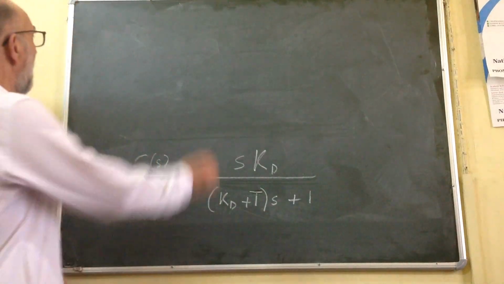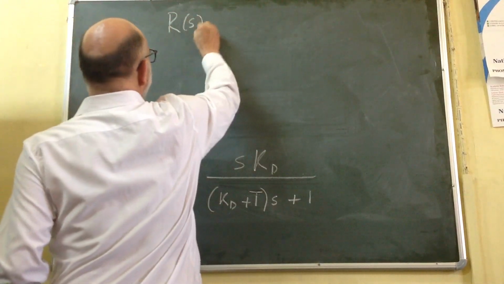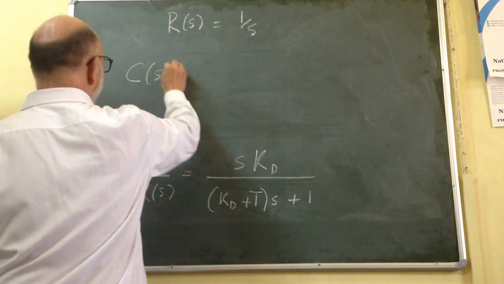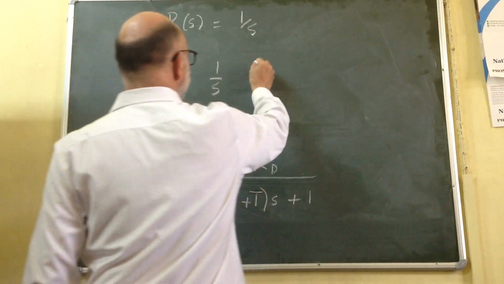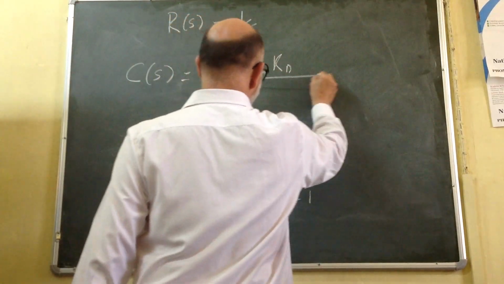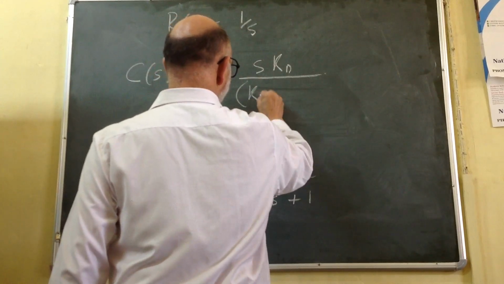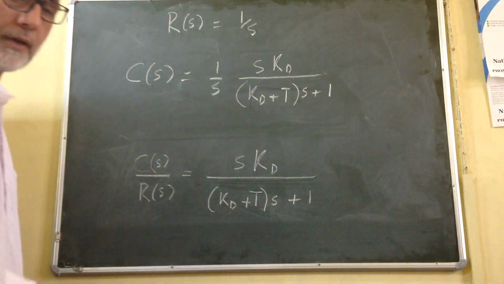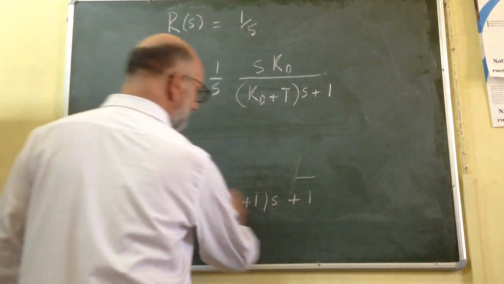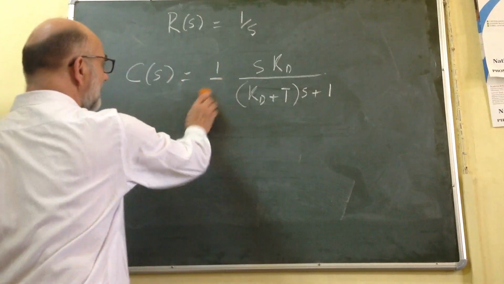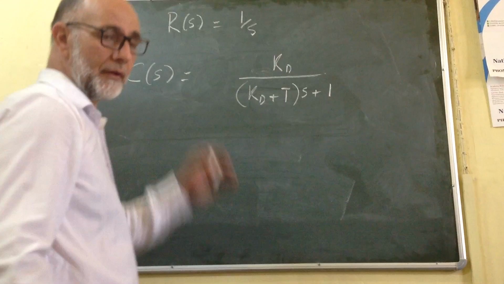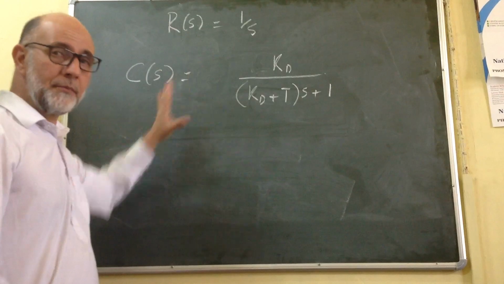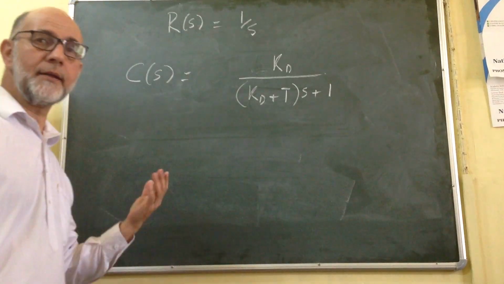So in that case, R, as you can see, this S and this S cancel out, so we're left with this. If I take the inverse Laplace of this term, I'll get the time response in the time domain.